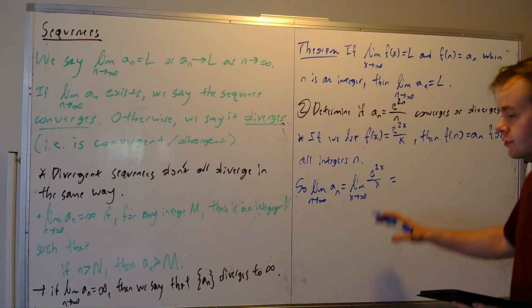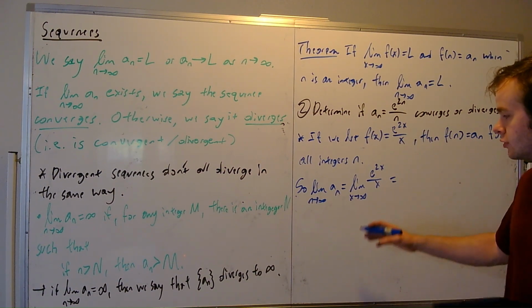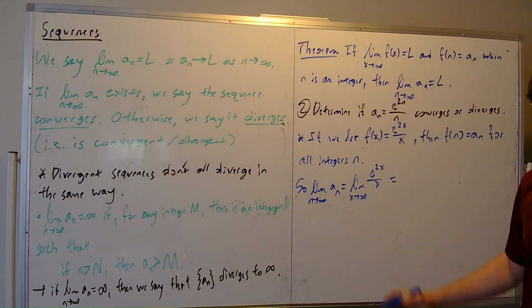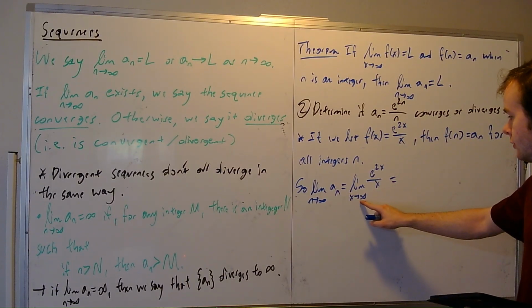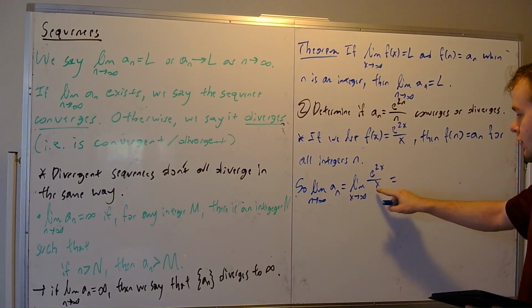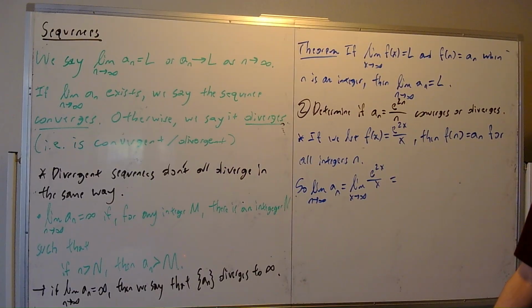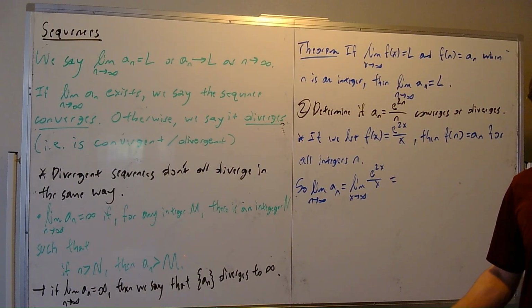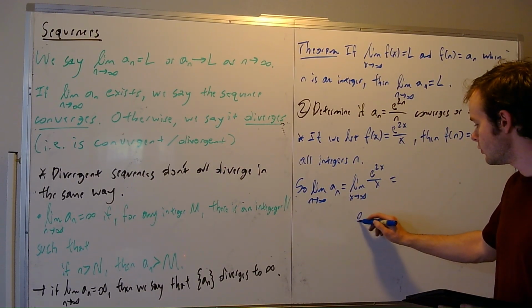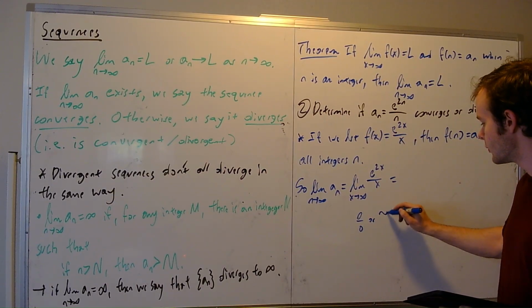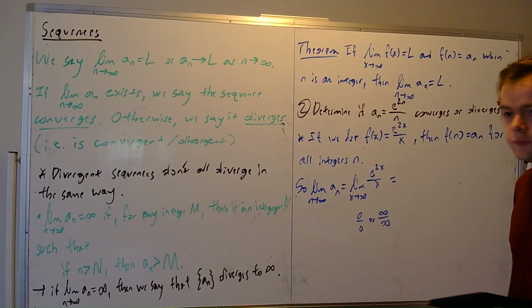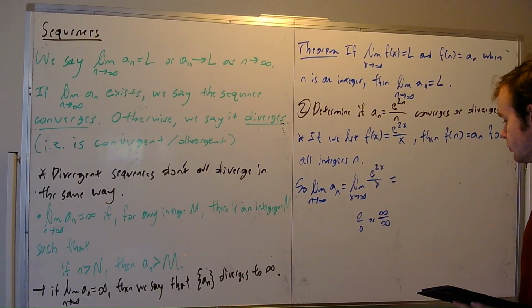Whenever we get stuck trying to solve a limit, the first thing is we try plugging in the values. If we plug in infinity, we get e to the infinity over infinity, which is infinity over infinity. And if you remember, whenever we have 0 over 0 or infinity over infinity, we can use L'Hopital's rule.